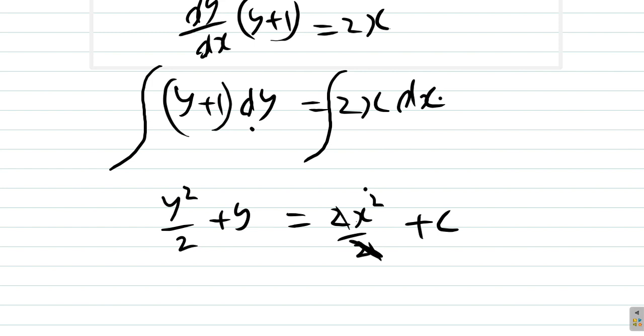So it's going to be y squared over 2 plus y equals x squared plus c. So that is what you have there. You have converted the differential equation to some polynomial equation.